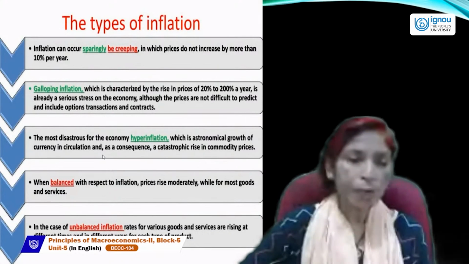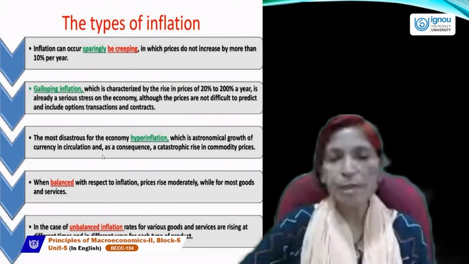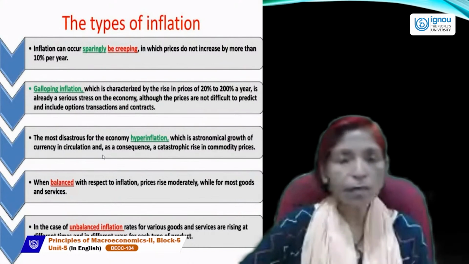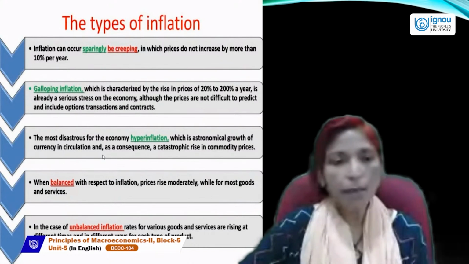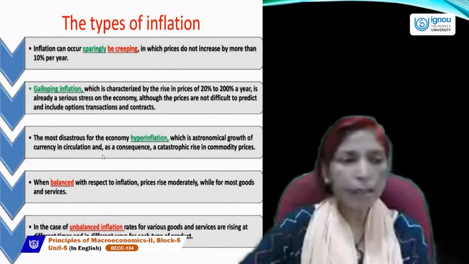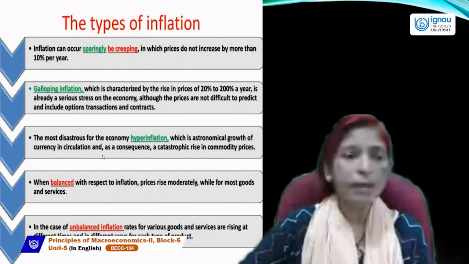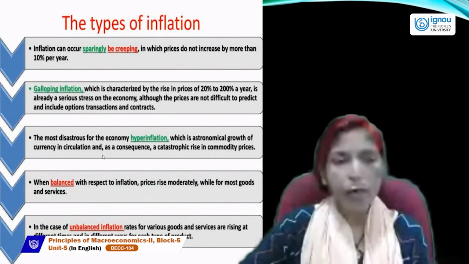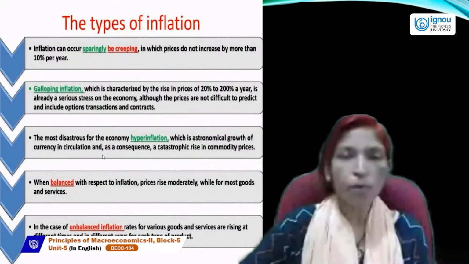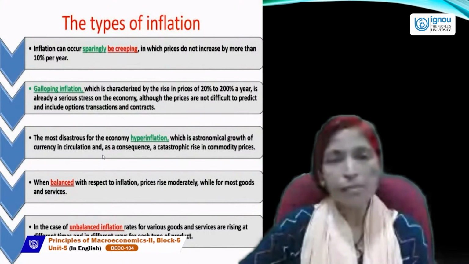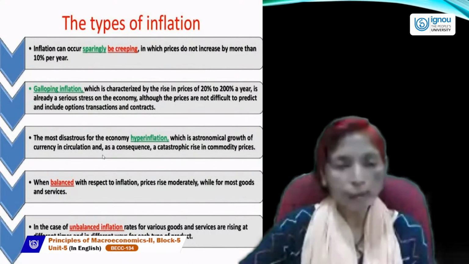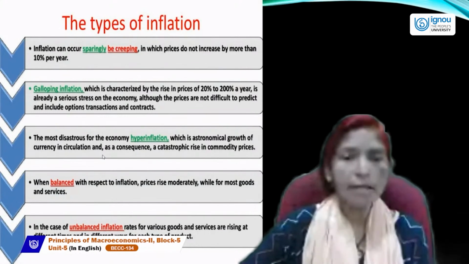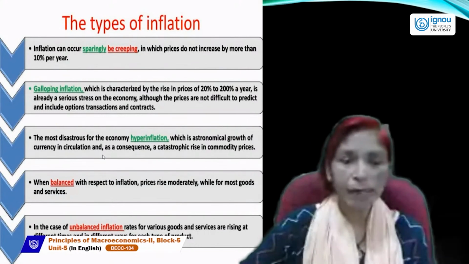Galloping inflation is that inflation in which price rises from 20% to 200% a year, which is already a very serious stress on the economy, although the prices are not difficult to predict and include in options, transactions and contracts. But galloping inflation, according to world level, if price increases from 20% to 200% a year, that is the situation of galloping inflation.